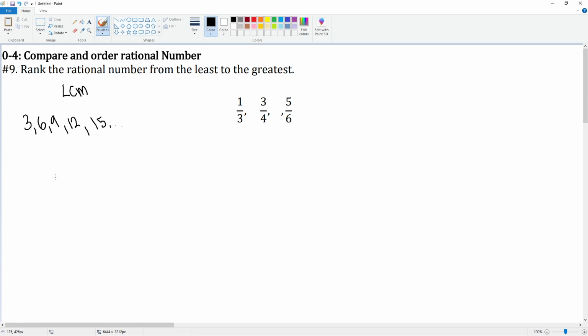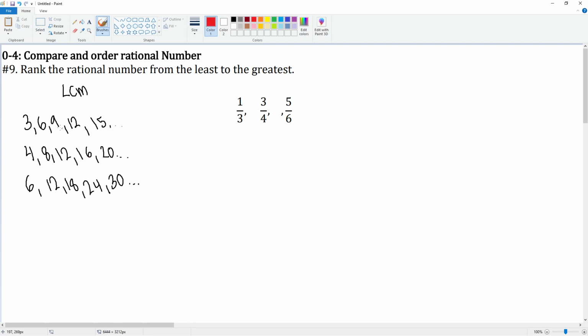Then we can do 4. 4, then 8, plus another 4 becomes 12, 16, 20, dot, dot, dot. Then 6, 12, 18, 24, 30, dot, dot, dot.